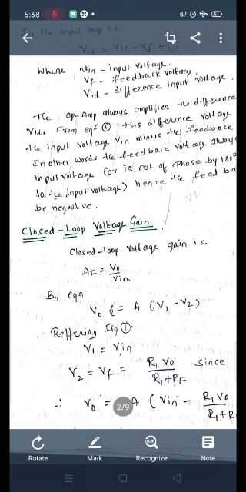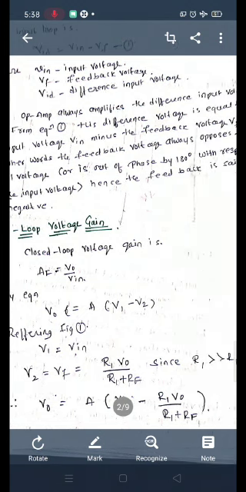Substituting back in the output voltage equation, V0 is equal to A into V1 minus V2, where V1 is equal to Vin and V2 is equal to R1 into V0 divided by R1 plus RF.